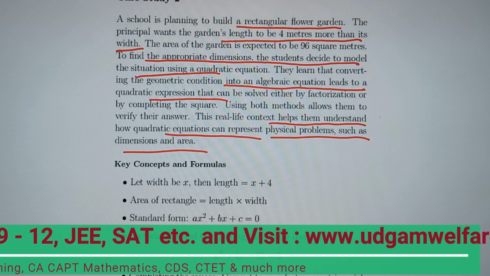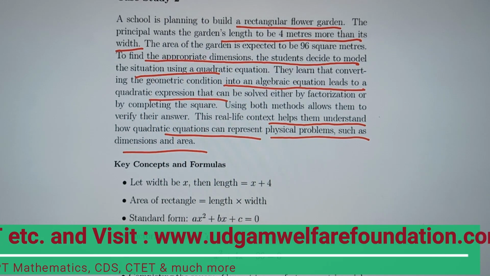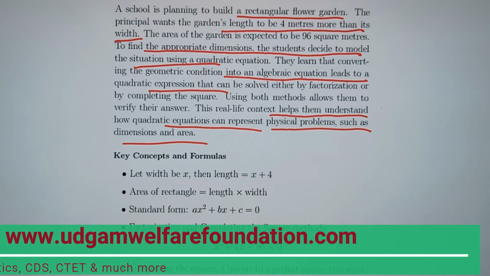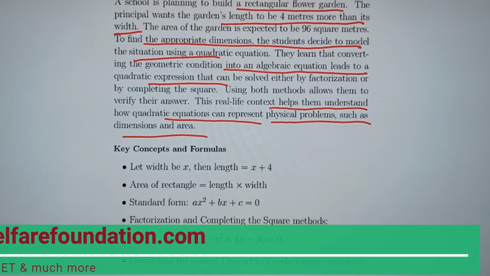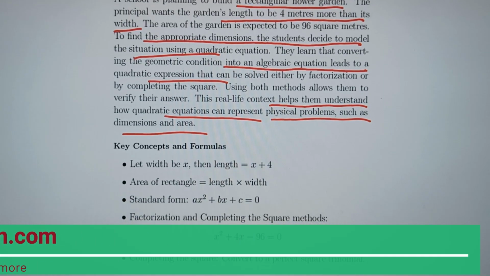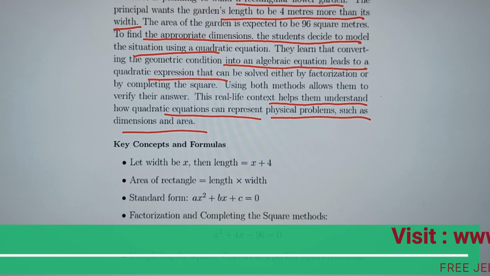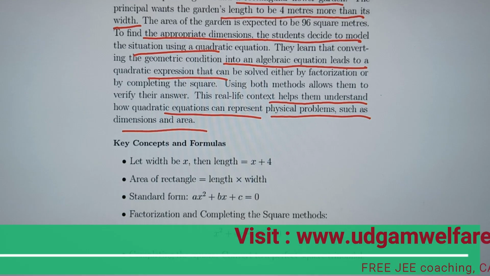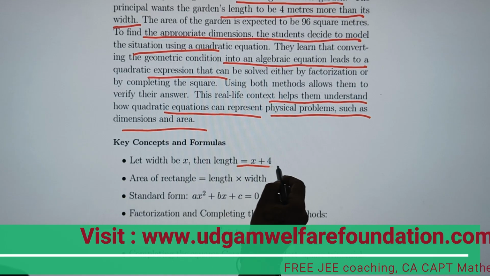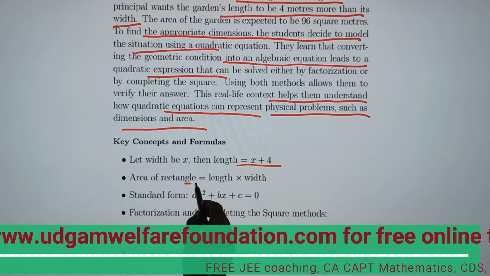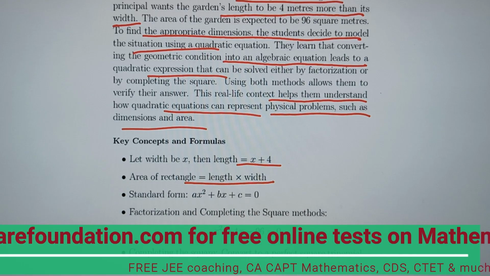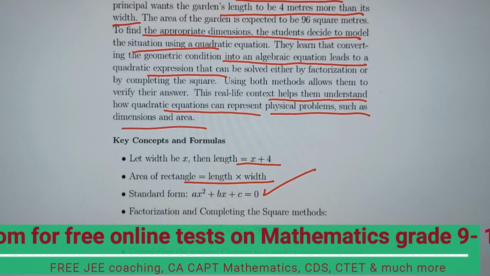Now here I have mentioned the key concepts and formulas for your ready reference, but you have to memorize these, as you are not going to get these in your board exam. So let width be x, then the length will be x plus 4. Area of the rectangle is equal to length into width. Standard form of the quadratic equation is this.